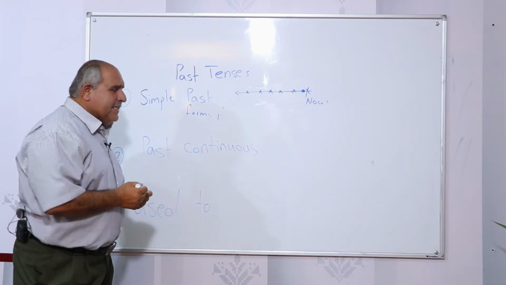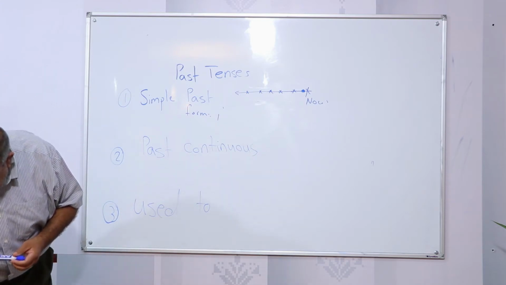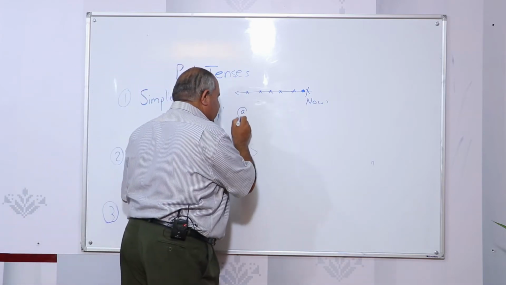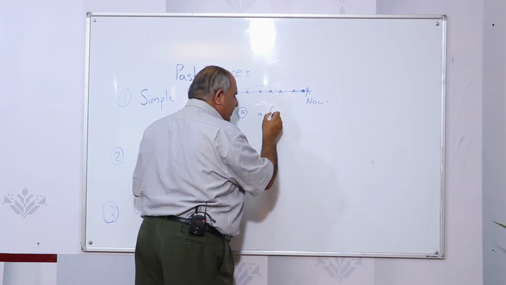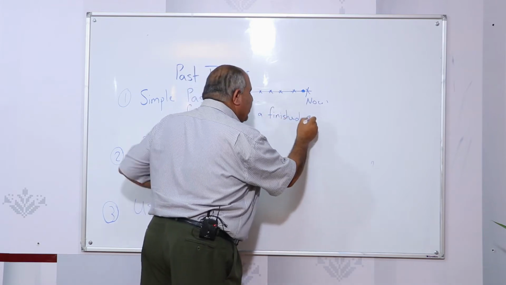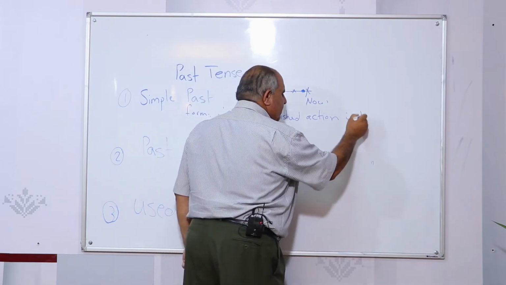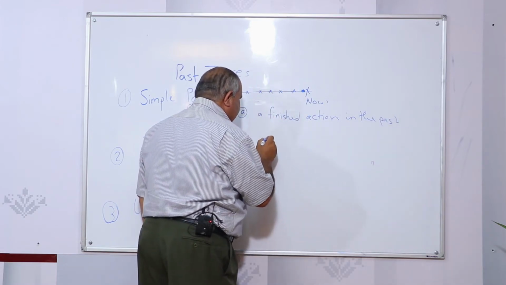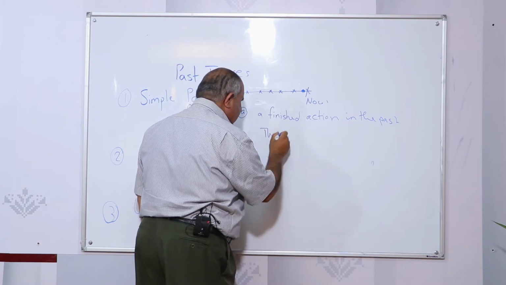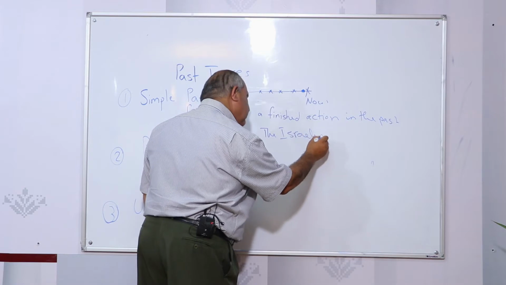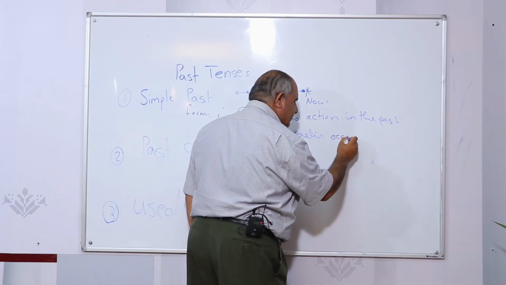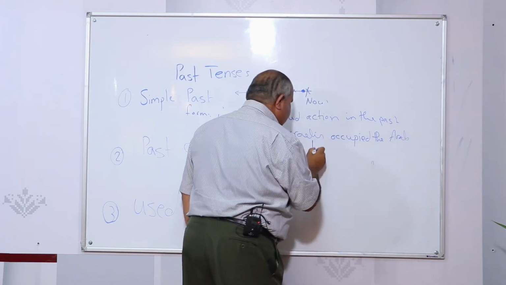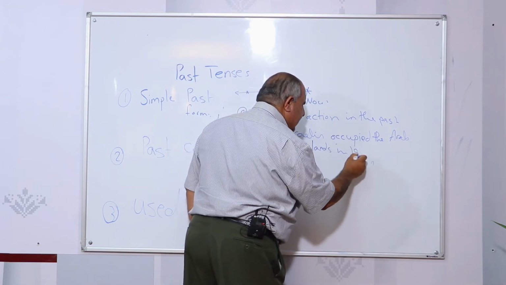Now, when do we use the simple past? Number one, the simple past is used to express a finished action in the past. Now, we will say the Israelis occupied the Arab lands in 1967.